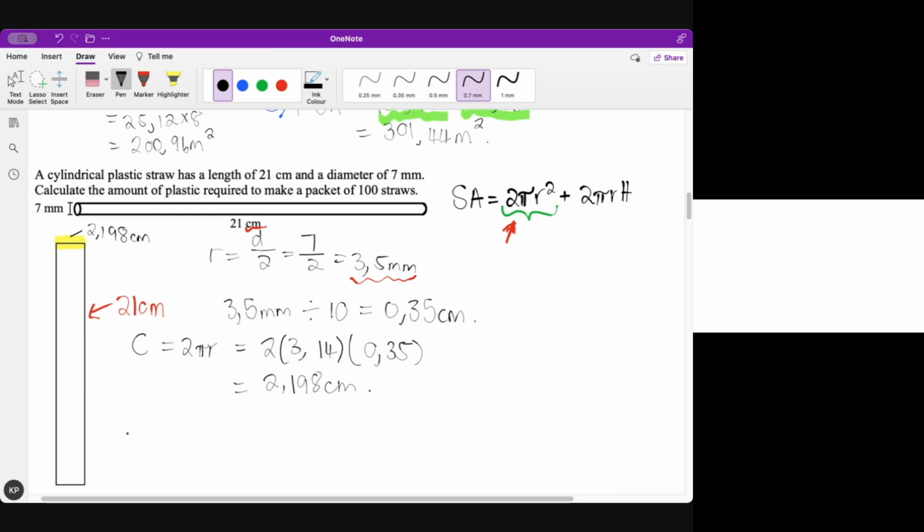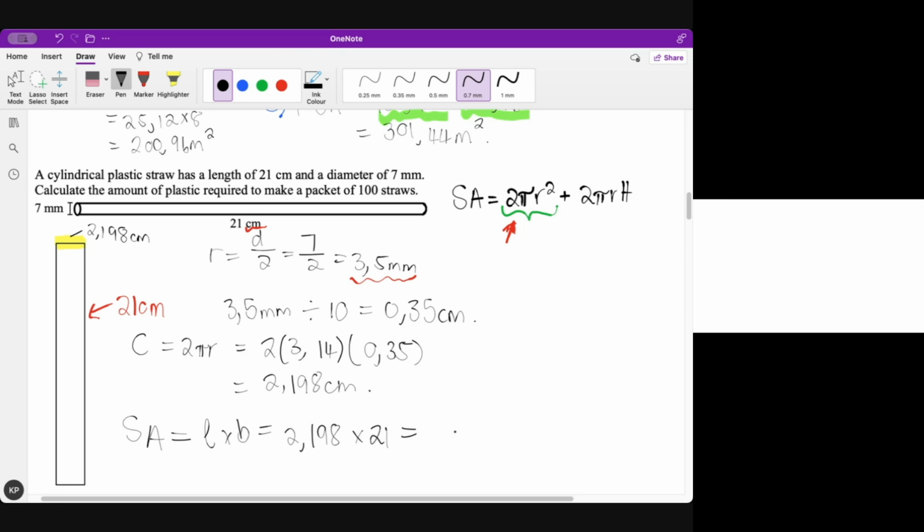Now we can say the surface area is equal to, what shape is this, guys, on the side that we've been working with this whole time? A rectangle, right? So then the area is just length times breadth, which means it'll be that 2.198 times 21.